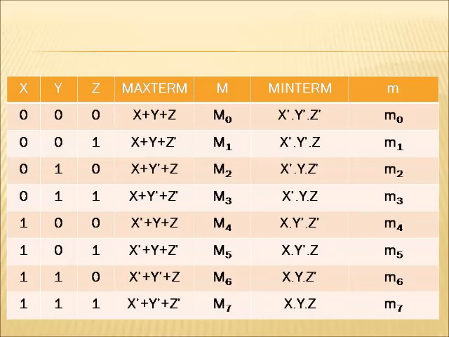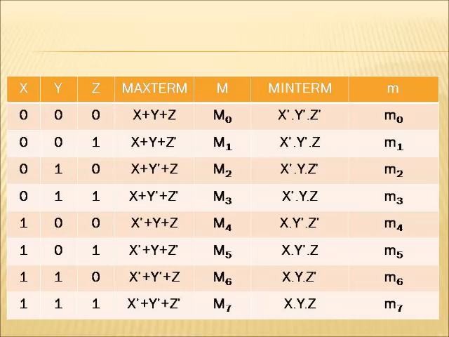Now see, here I am using some notations. We have already seen that we use the uppercase M for representing a max term and a lowercase m for representing a min term. For the first max term, where x is equal to 0, y is equal to 0 and z is equal to 0, we represent it with uppercase M0. Similarly for the min term, I am using lowercase m0.